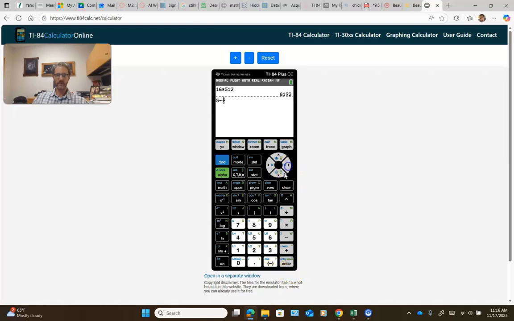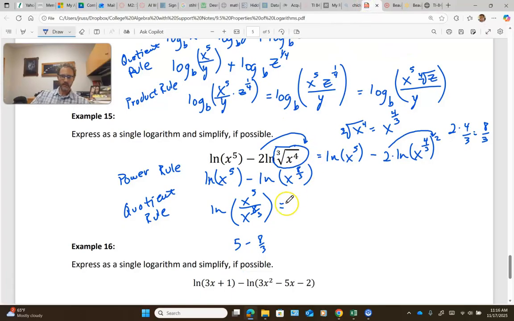I'm just again using the online version of that TI-84 emulator app. It'll give me my answer. It's a fraction, it's 7/3. So that'll be the power of x. So this will become a natural logarithm of x to the 7/3.